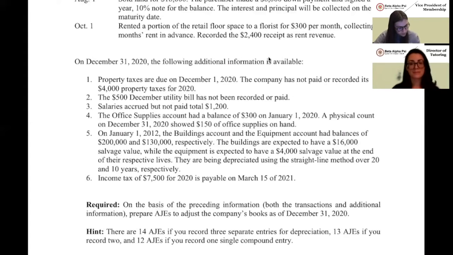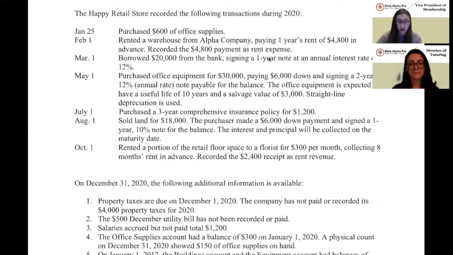Now, number 4, the office supplies account had a balance of $300 on January 1st, 2020. A physical count on December 31st, 2020 showed $150 of office supplies on hand. So in the beginning of the year, we have $300. During the year, which we have up here, let's see if we bought any office supplies.